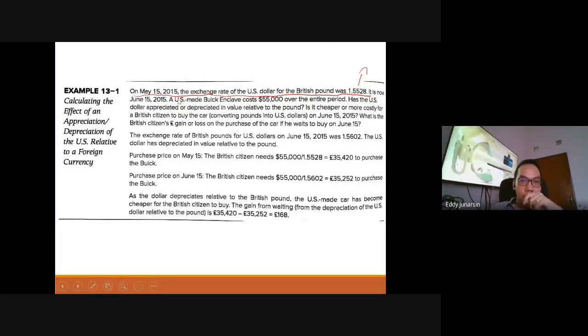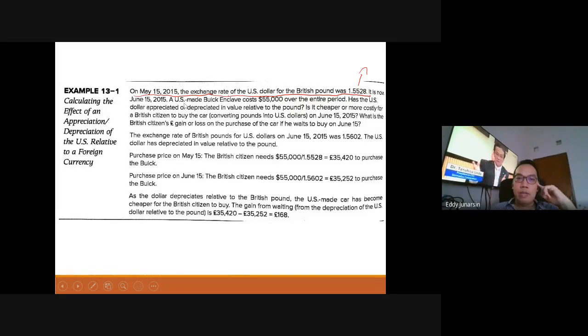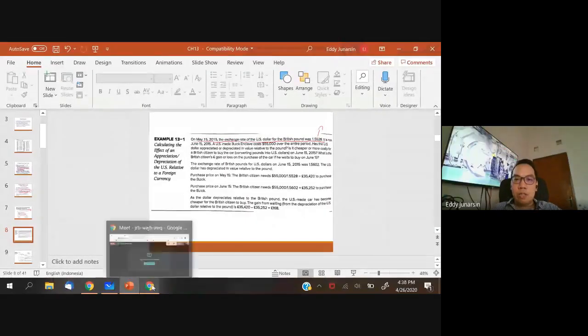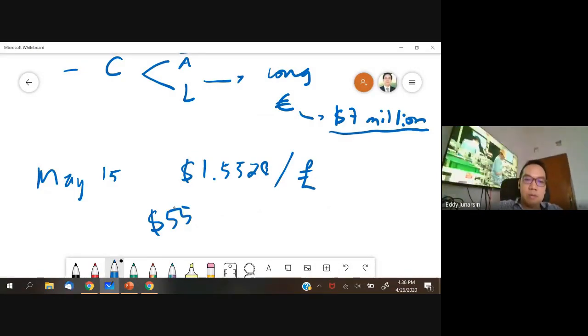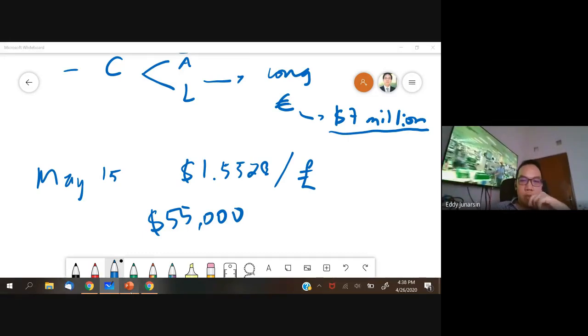Okay, and it's now June 15. So it's about a month later, and a US-made Buick Enclave costs $55,000. So you have a car that costs $55,000, right?